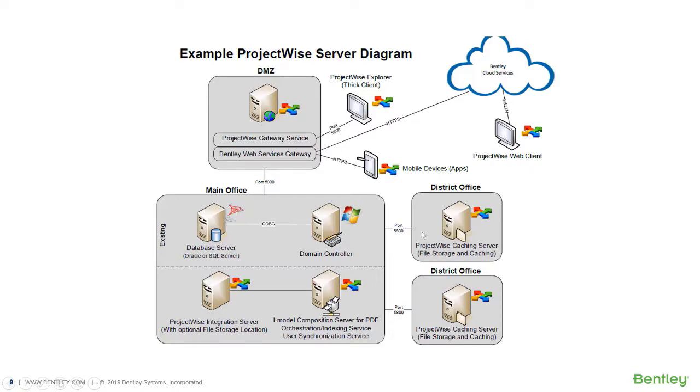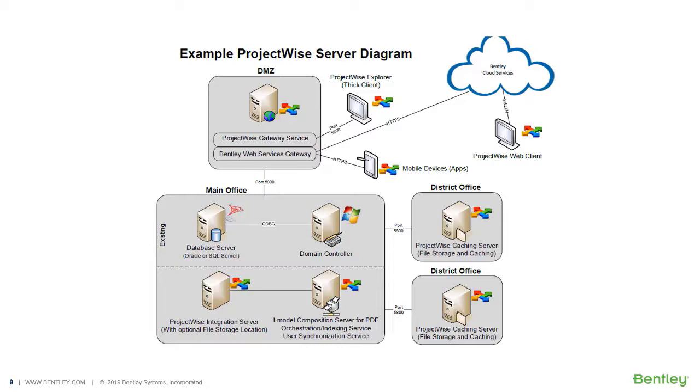In that case, you do not want people to directly access your ProjectWise server from outside of your company network. What you typically do is set up a DMZ environment, and between your company network and the DMZ, you will deploy a firewall. On the firewall, you can configure which ports will be open. So it will block any communication on all the other ports.